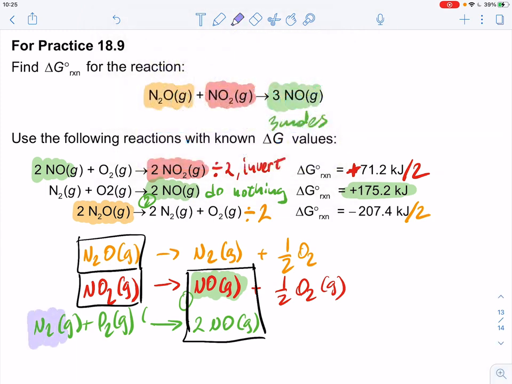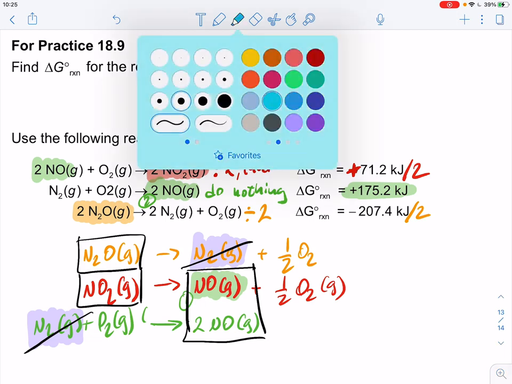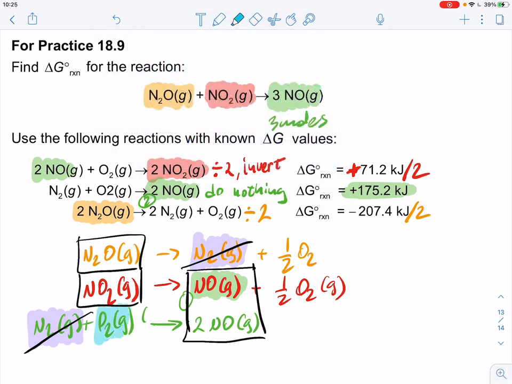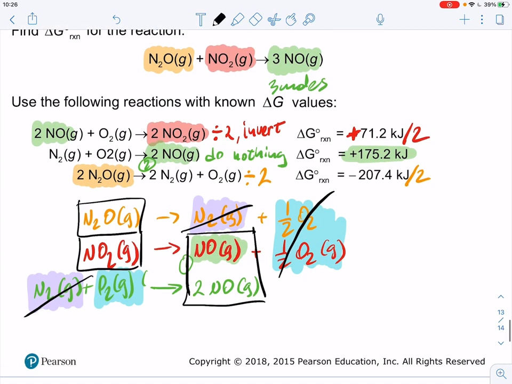So we have nitrogen here and nitrogen there, 1 mole each. We can say bye-bye. And here we have 1 mole of oxygen, and here we have half a mole of oxygen, so that adds to 1, so we can cancel them out. Okay, so we are good to continue.